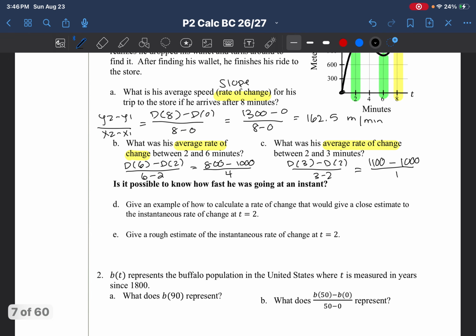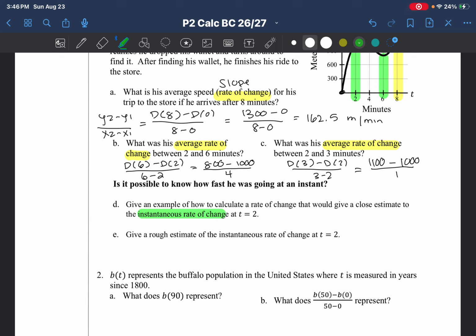Okay, now let's look at an instant. So it says, is it possible to know how fast he was going at an instant? It says, give an example of how to calculate a rate of change that would give us a close estimate to the instantaneous rate of change. So now we're no longer talking about slope. We're talking about instantaneous rate of change at t is equal to 2.